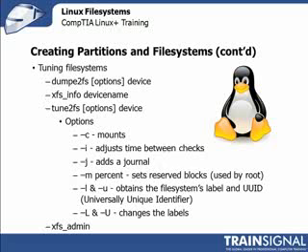To modify the parameters reported, you use the tune2fs command. The syntax is tune2fs space options space device. The options are -c, which sets the maximum mount count. -i says to adjust the time between checks. -j adds a journal. -m space percent sets reserved blocks used by root. -l and -U obtain the file system's label and universally unique identifier.